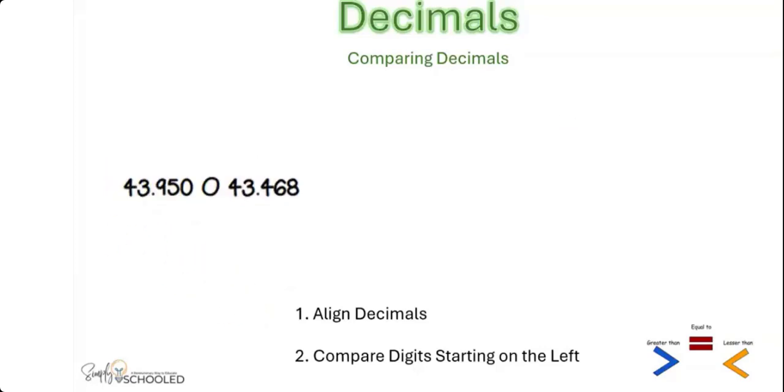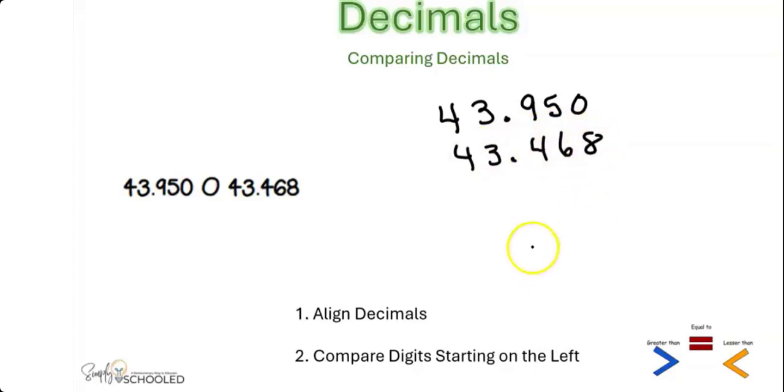Let's do a couple more because you have to pay attention to the digits and you only go from left to right. So this one is 43 and 950 thousandths and 43 and 468 thousandths.